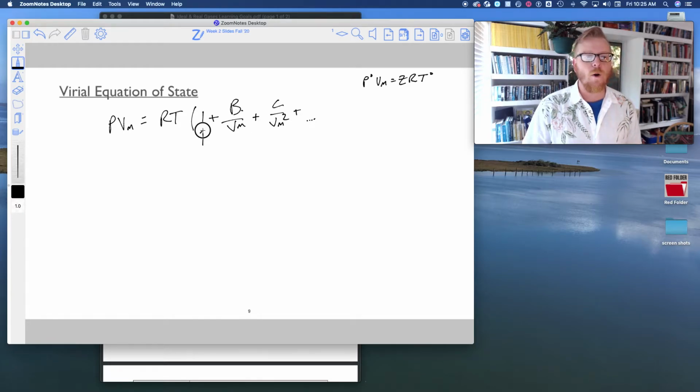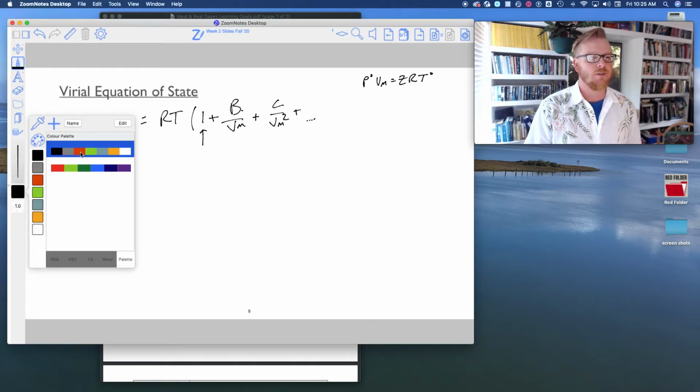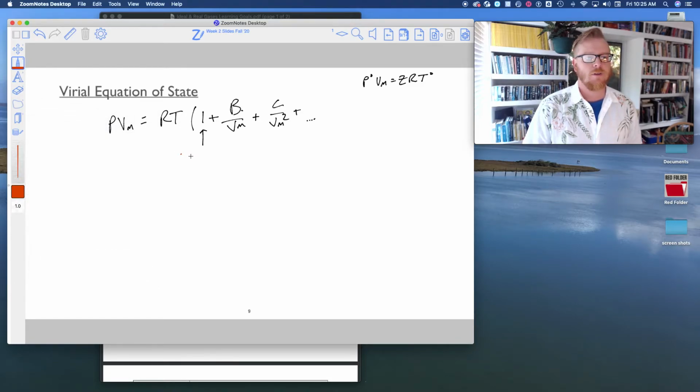And so this number 1 here, this is what we call the, let's change colors. This is the first virial coefficient, okay? This B term is the second, C is the third.